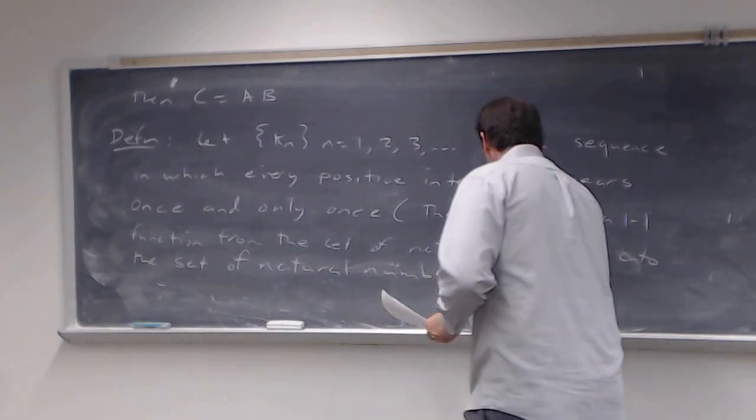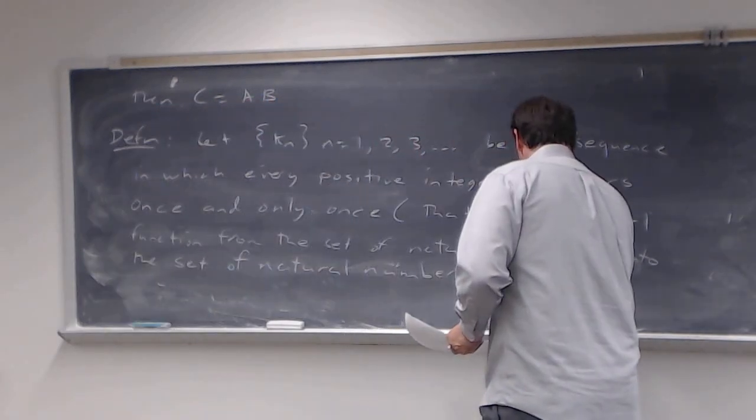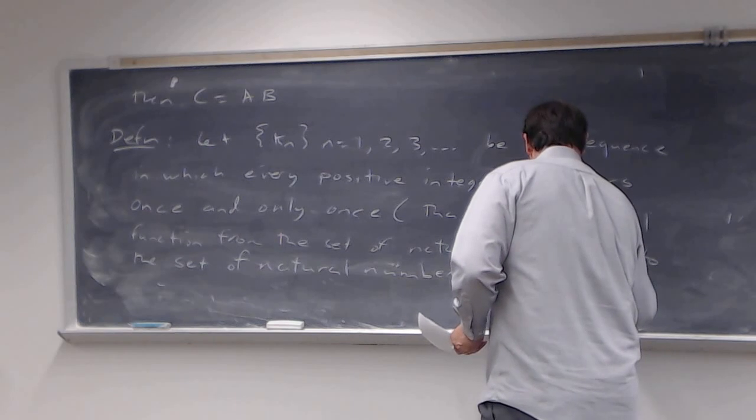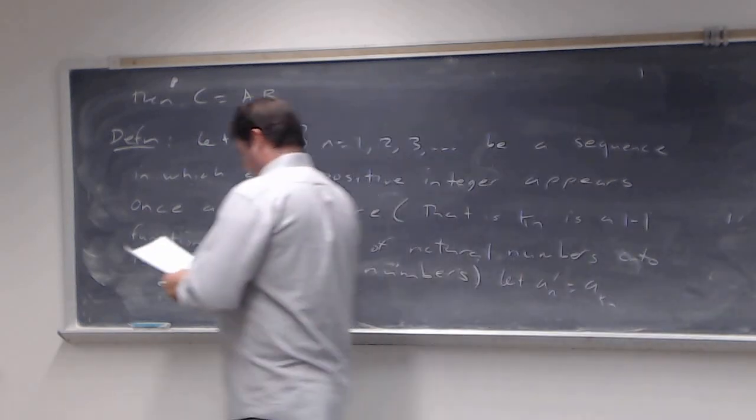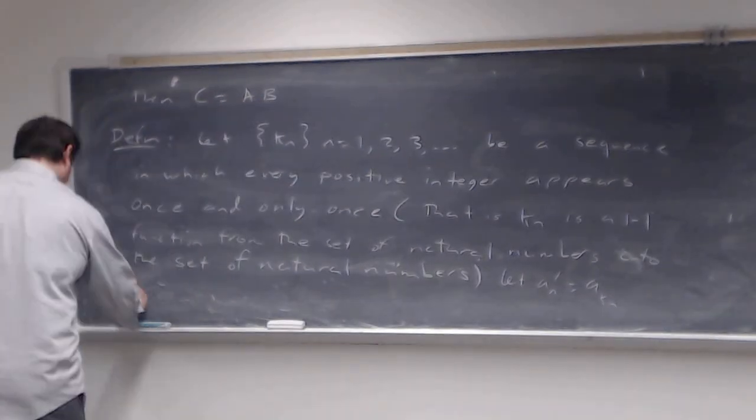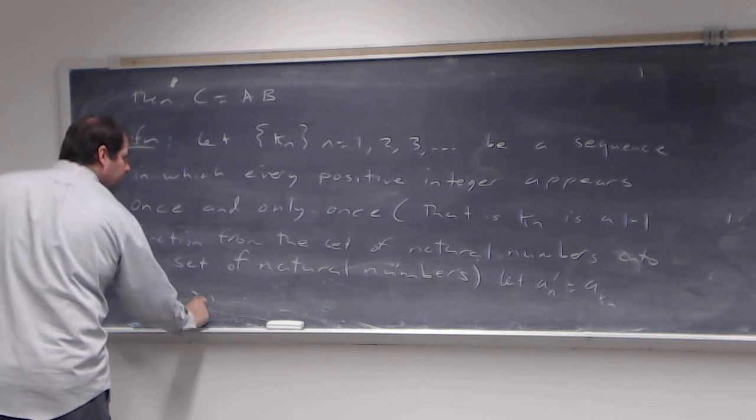So for notation, we let a sub n prime equal a sub k sub n, and that's true for n equaling 1, 2, forever.